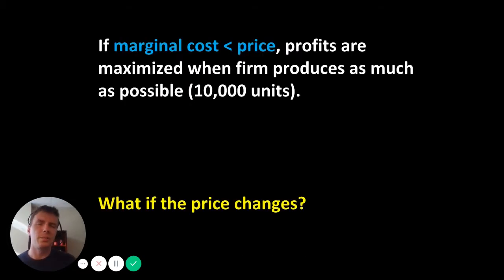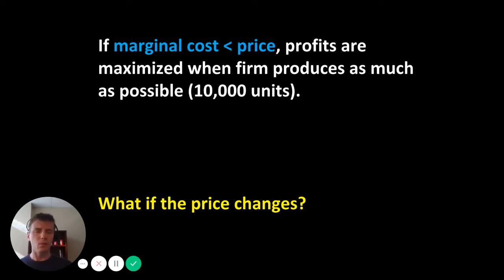What this implies is that when the marginal cost is less than the price, remember, if you go back and look at the figure, at every level of production the marginal cost was below the market price. When that is the case, the rule is that profits are maximized when a firm produces as much as possible. In this case, as much as possible meant 10,000 units.